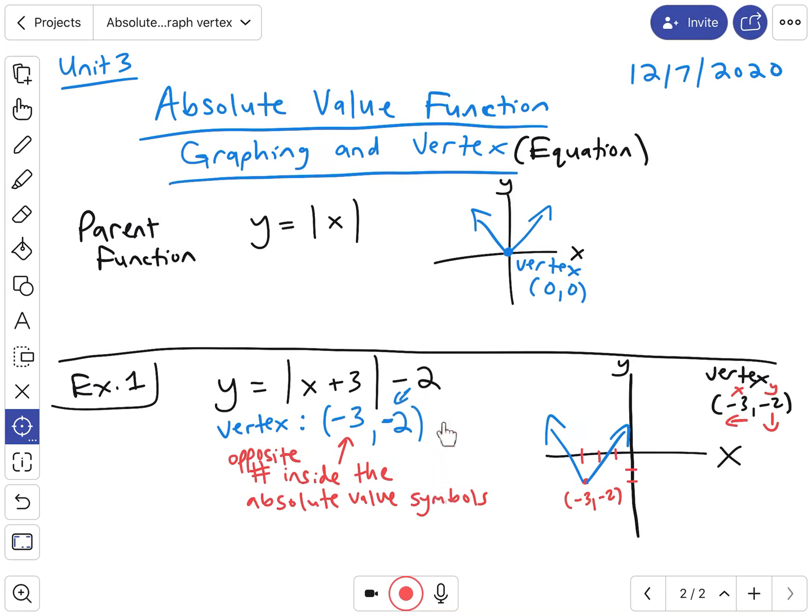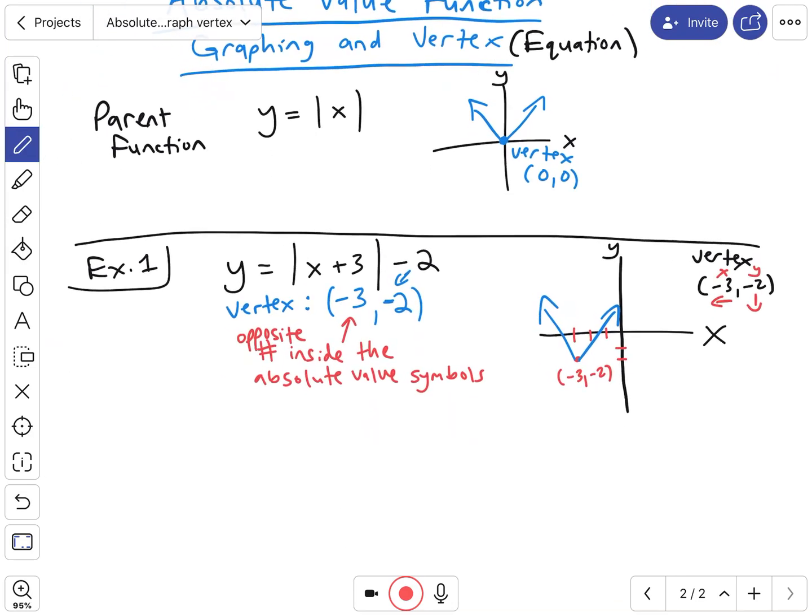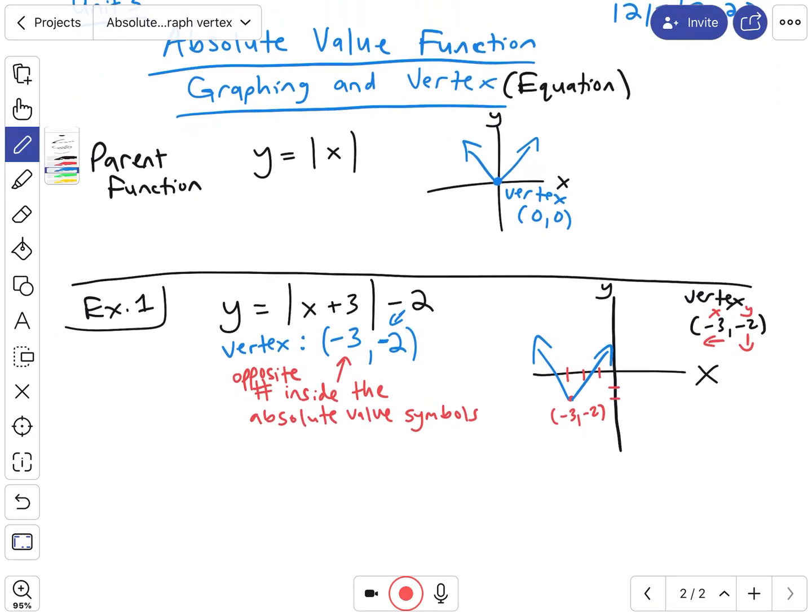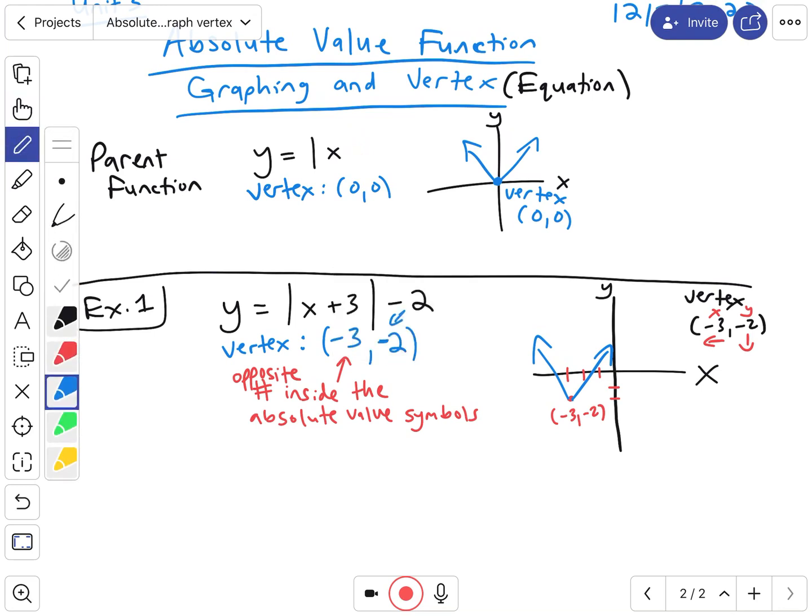Alright, so let's do one more. Oh, and actually, if you look at this here, you know that the vertex is at 0, 0. Imagine putting, instead of the absolute value of x, the absolute value of x plus 0, plus 0.